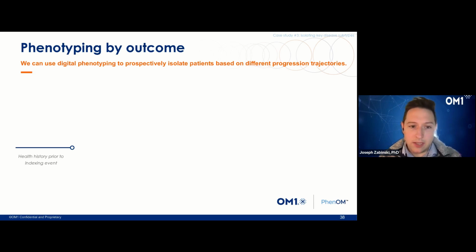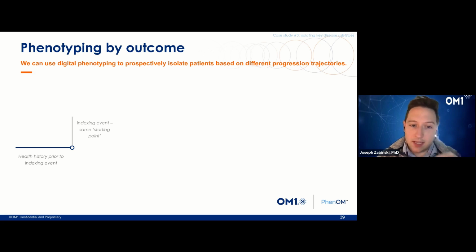But before I show the example, I'll just describe whenever we do one of these subtype associated journey analyses, we'll think first about the health history that the patient had prior to whatever indexing event we choose. And the indexing event can be anything. It can be the first time a patient got diagnosed, or the first time they had an abnormal lab value, or whatever we want. But that's the common starting point, and we'll pay attention to what was known about those patients before that starting point.